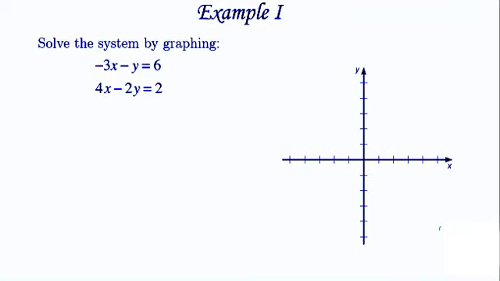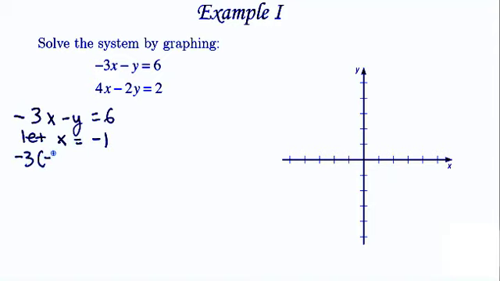Applying what we just discussed in the graphing method to some examples. So for the first one, I'm asked to solve this system by graphing. Well, in order to graph, of course, I need to have some points. So if I take the first equation, I'm going to go ahead and let x equal -1.